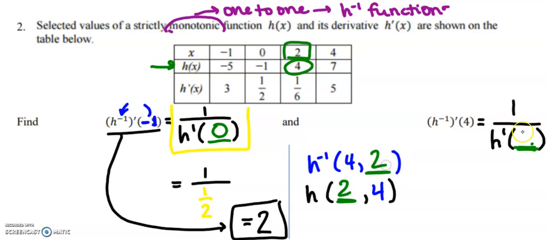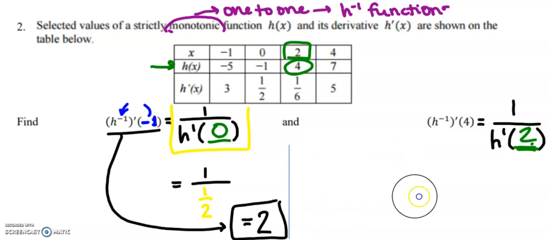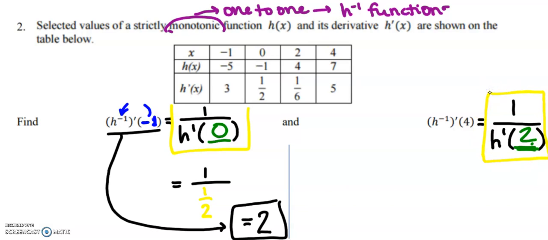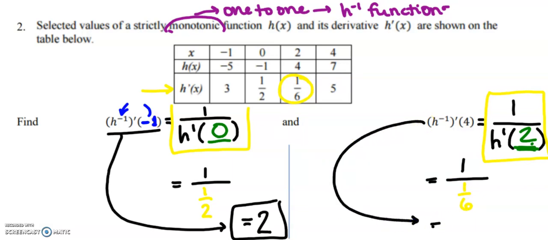So 2, 2, 2, and my buddy point has served its purpose. Goodbye. Now I focus in on what I was actually trying to find, which is this expression right here, 1 over h prime of 2. 1 over h prime of 2, which is 1/6, which means that overall h inverse prime of 4 is equal to 6 because we have that reciprocal happening.